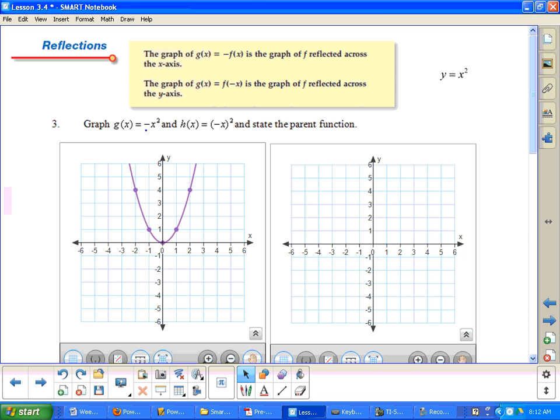That means it's a vertical reflection, so it's going to be over the x-axis. So all these y values I have on here are now going to become negative. So I still have 0, 0, negative 1, negative 1, positive 1, negative 1, negative 2, negative 4, and positive 2, negative 4. And draw my graph.